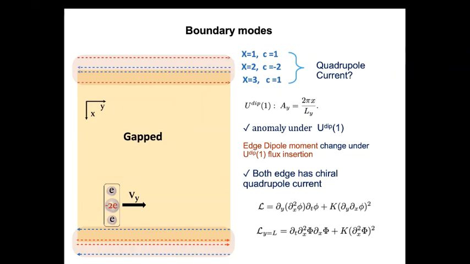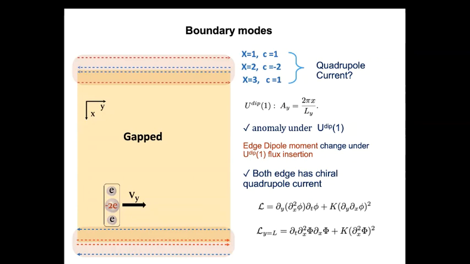And same if we try to write down the equation of motion of the boundary, we can figure out that the boundary does behave like a quadrupole moment, where a typical setting of the quadrupole is we have charge 2e in the center, and in the top row we have a charge e, and at the bottom row we also have a charge e. This is something like a quadrupole moment in electromagnetism.